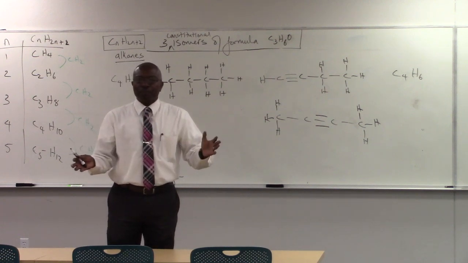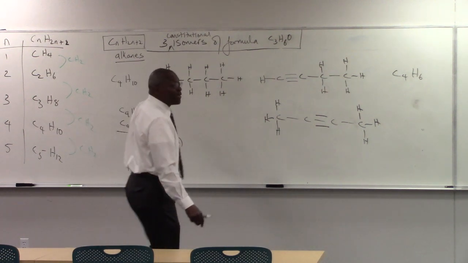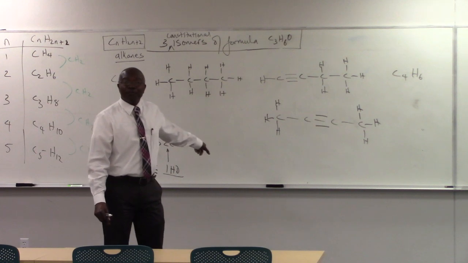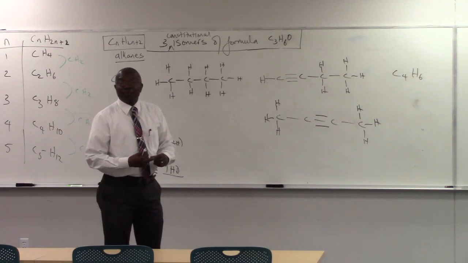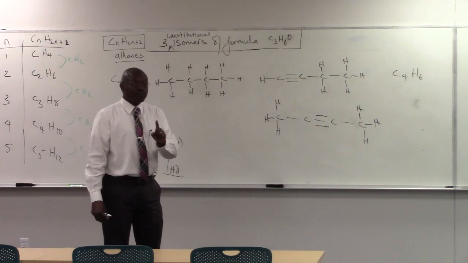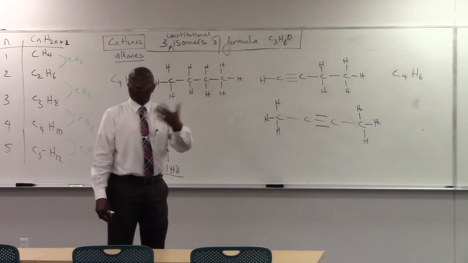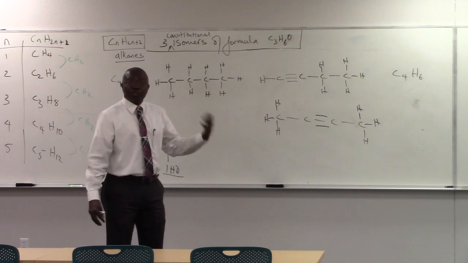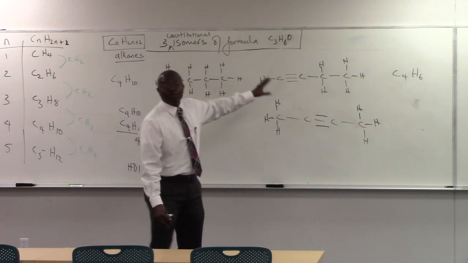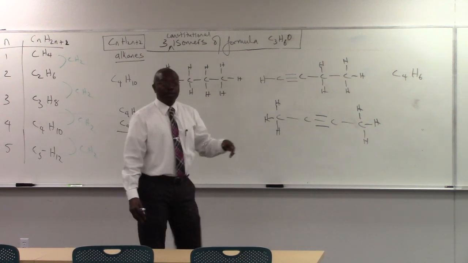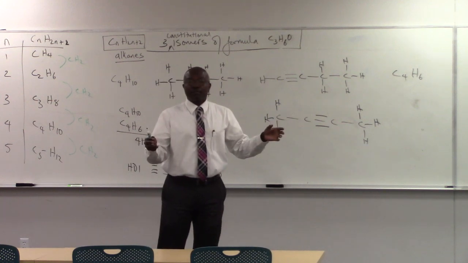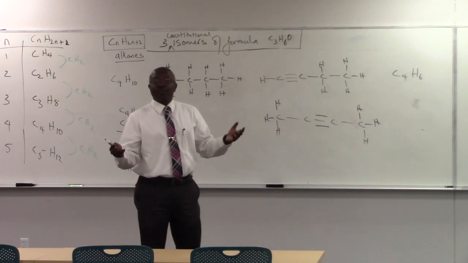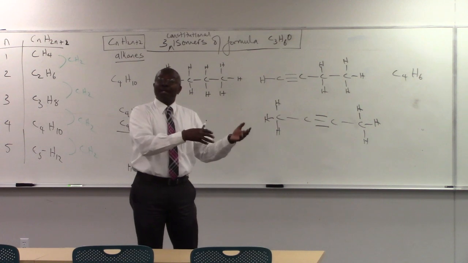They mean the same thing. But we learned earlier, just 5 minutes ago, that an HDI or an IHD of 1 could mean a double bond or a ring. So if I have an HDI of 2, which can mean a triple bond, well, that's good. But it can also mean 2 double bonds, or maybe 2 rings, or maybe a double bond and a ring.